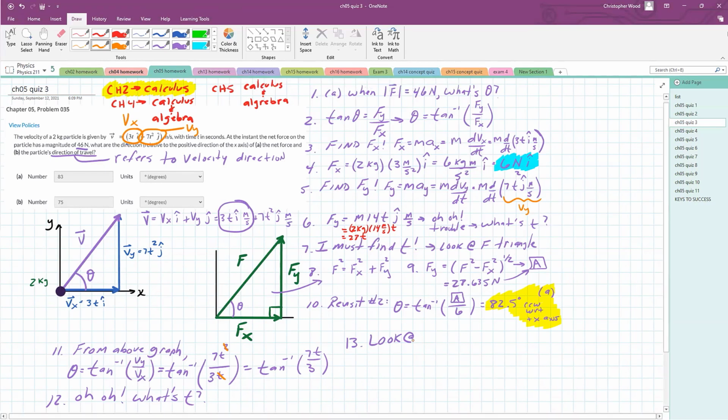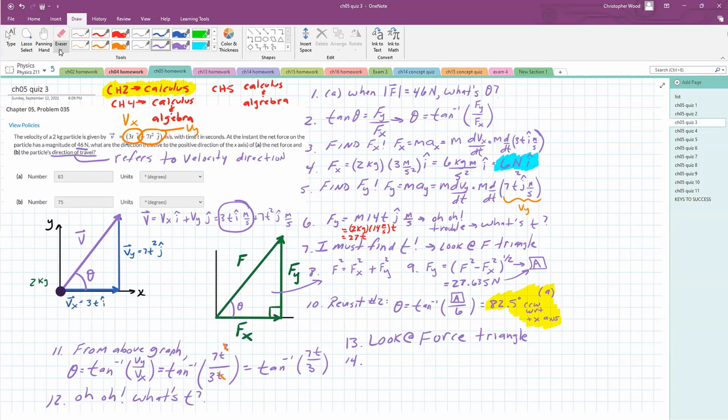So I'm going to look at the force triangle, mostly because that's all I got. Yeah, I just can't think of any alternatives. Also, for clarification, that 7t is now positive because of the direction it's going in, right? It was always positive.